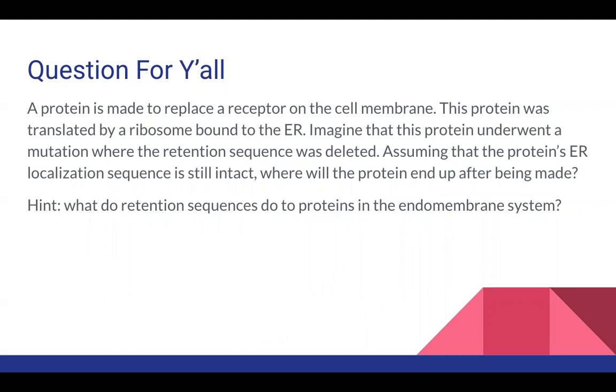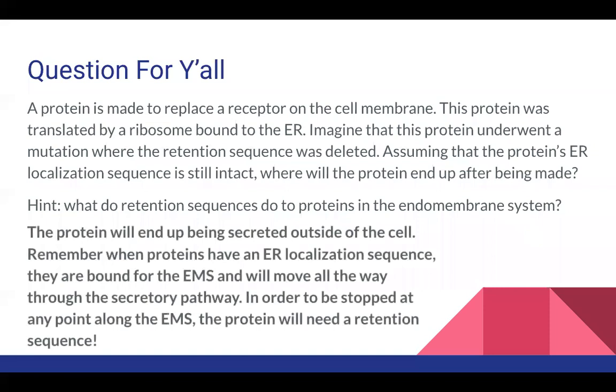A hint is, what do retention sequences do to proteins in the endomembrane system? Yeah, basically. If it doesn't have that retention sequence, it's just going to go through the whole thing and get secreted.